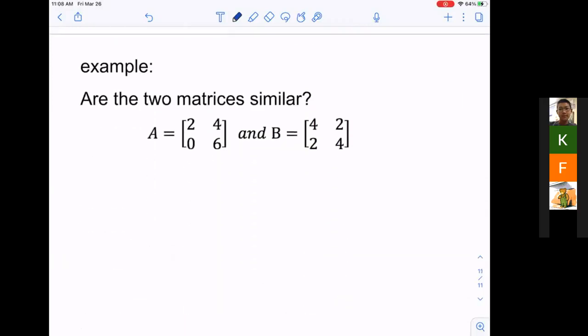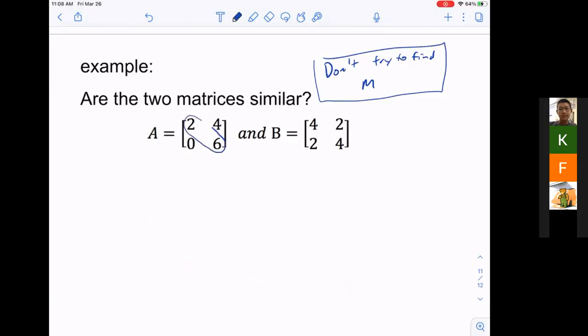All right. If you're asked to see if two matrices are similar, I would find eigenvalues. Unless you have a reason to, don't try to find M. Don't use the definition. Just like most things that we do, the definition is usually the long, hard way of doing things. So I would not try to find M. I would find the eigenvalues.